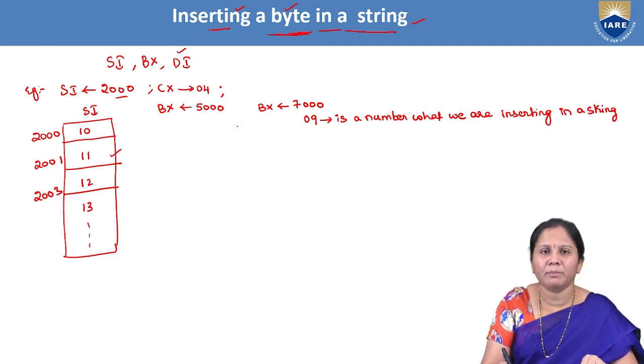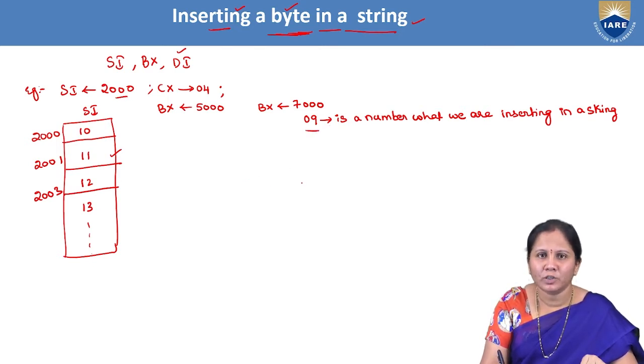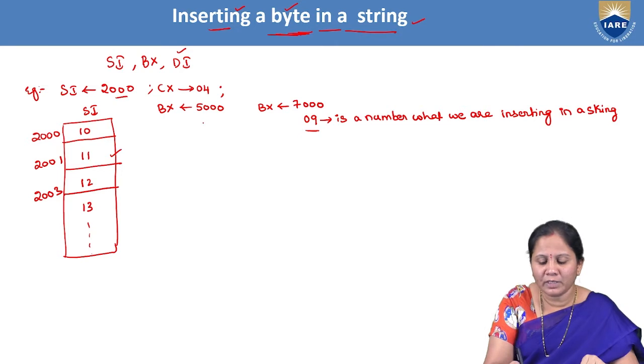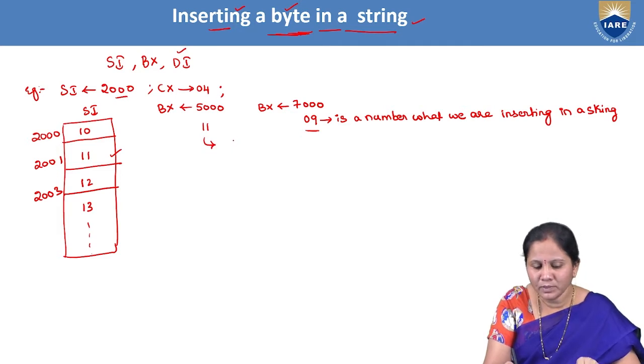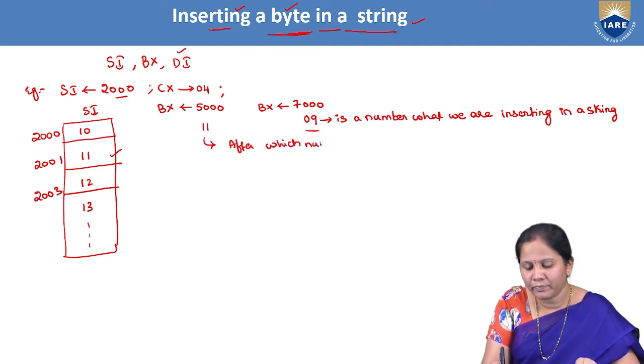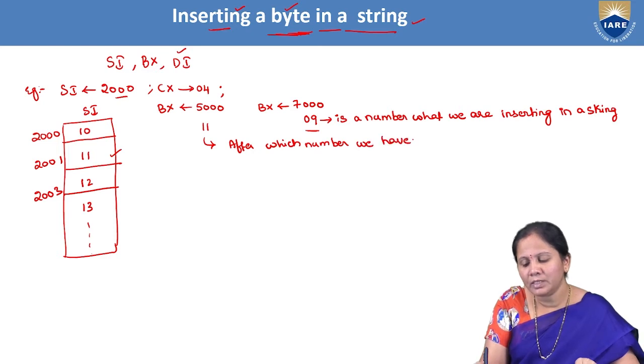That means the number we show in the 5000 location will say after which number we have to insert this 09. So for example, if you take 11 here, this is the number after which we have to insert 09.